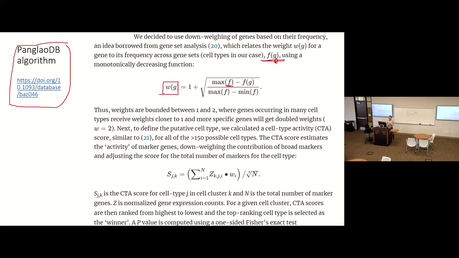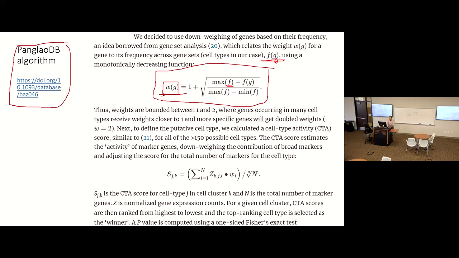The relative weight for those universal marker genes will be lower. So that's the first step, to give a weight for each gene in the database, a different weight depending on their specificity as marker genes uniquely assigned to an individual cell type.